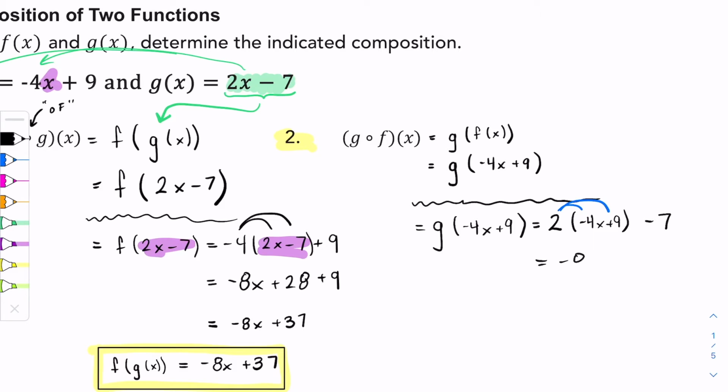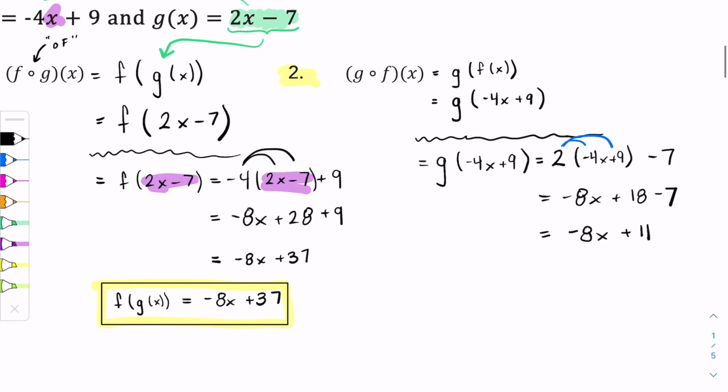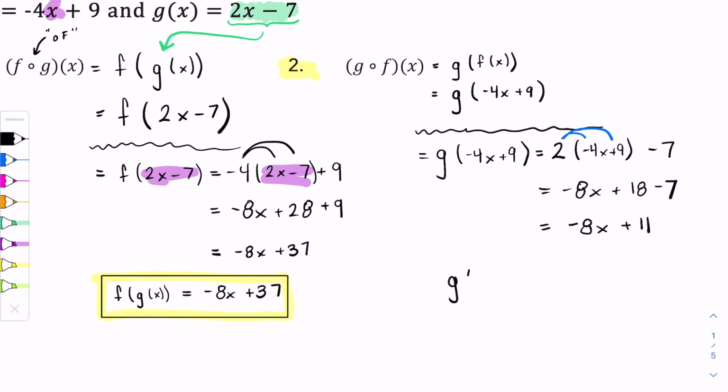That's going to give me negative 8x plus 18 minus 7. Simplify your common terms. You have negative 8x plus 11. Your final answer is g of f of x equals negative 8x plus 11.